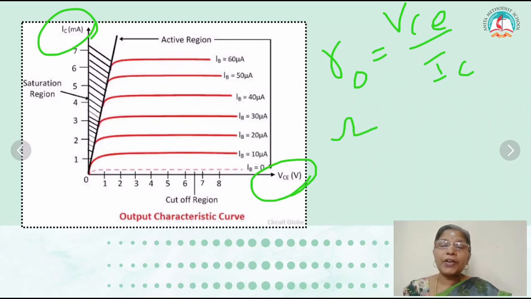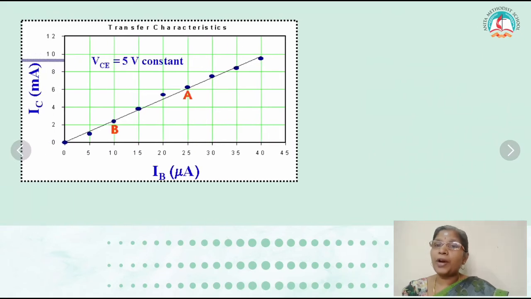The output characteristic is divided into 3 regions: saturation region, active region, and cutoff region. Below IB equal to 0, that region is called cutoff region. The constant portion is called active region. This rapid portion, this is called what? Saturation region.